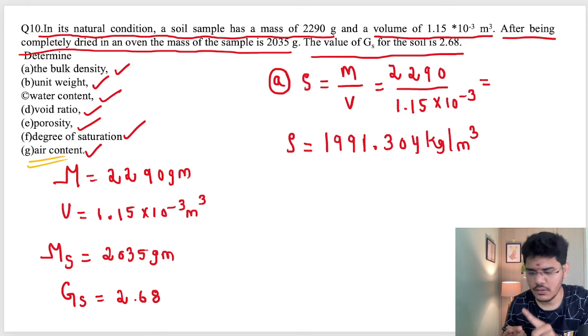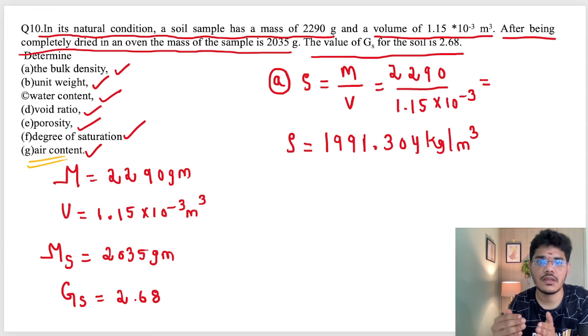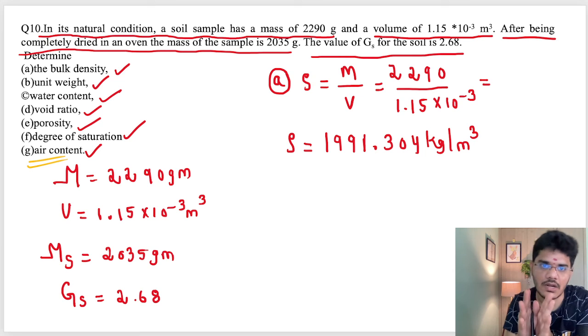Unit weight is equal to weight by volume, where weight W is equal to mg. So mass by volume, density, we have multiplied with g, acceleration due to gravity, so we have calculated the unit weight also. Water content: total mass minus mass of dry soil divided by mass of dry soil. From there we got the water content.